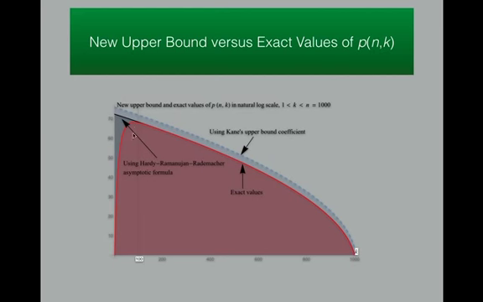And so, especially when K is beyond 100, all the way up to 1,000, it seems like the black one hugs this red curve, which is the exact set of values of P and K when K ranges between 1 and 1,000, which is the value of N. Now, let me just mention that the black curve here is, in fact, the asymptotic formula with N replaced by N minus K. And in that regard, we cannot really view that as an upper bound.